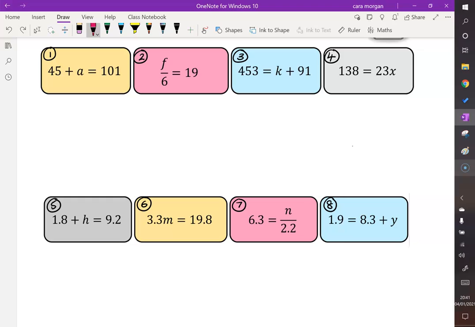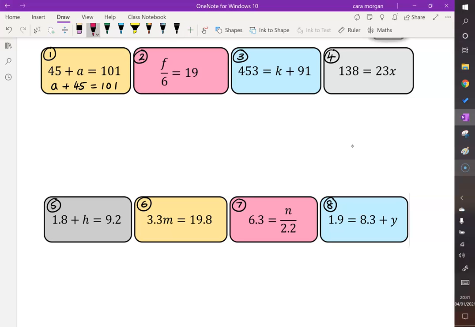Okay. Now, one of the most important things about equations is that you really need to know what you're doing to both sides to keep the balance. In my first equation, because I'm doing 45 add a to get 101, it means the same thing as a add 45 is 101. It doesn't really matter which way round I've written it.